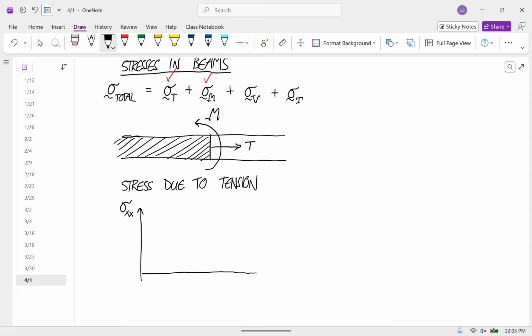On the x-axis, let's say that this is the midpoint, this is the bottom of the beam, and this is the top. So how does the XX normal stress vary as you go from the bottom to the top due to tension compression?